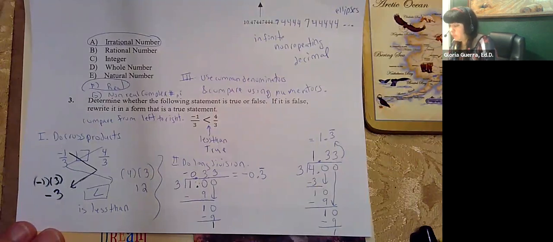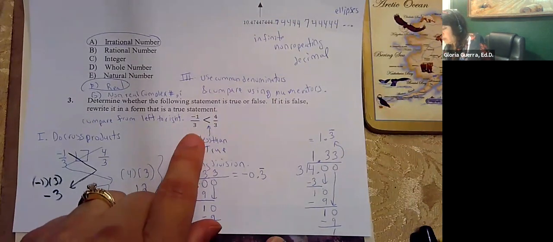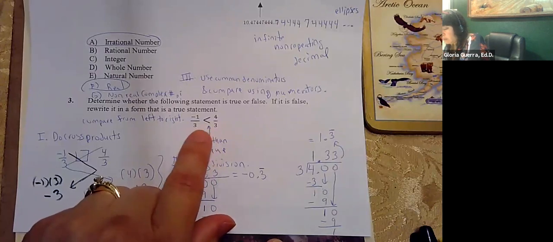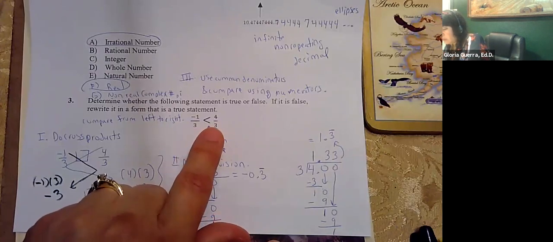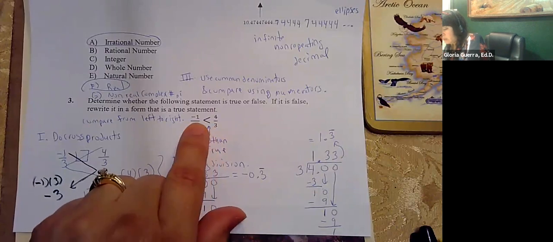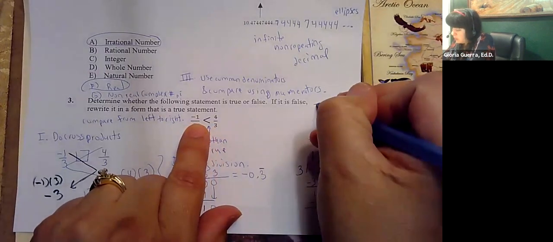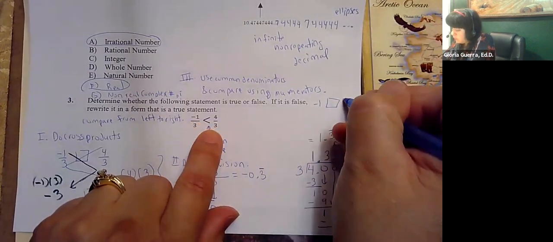Okay, so for us, we already have a common denominator of 3. So you just compare the numerators, -1 in comparison to 4.